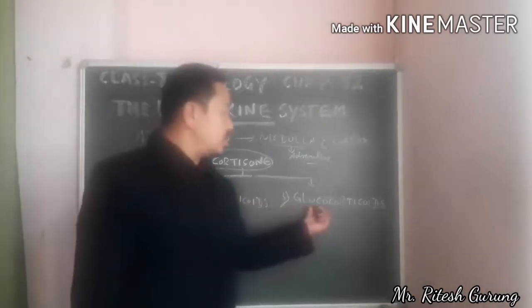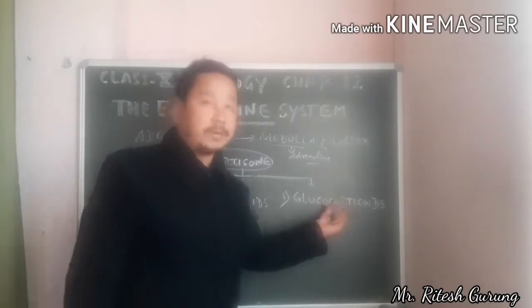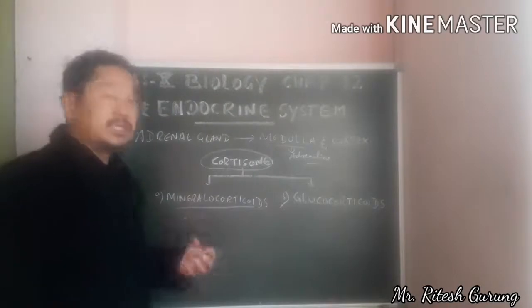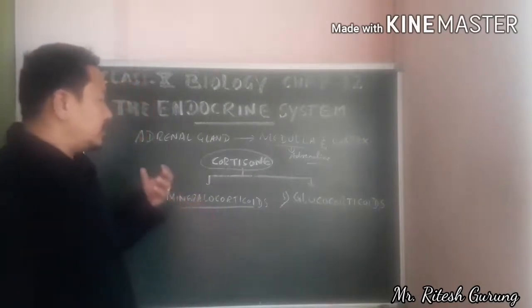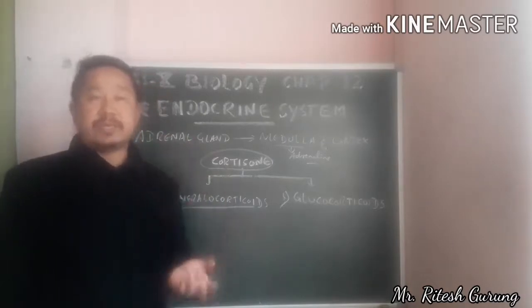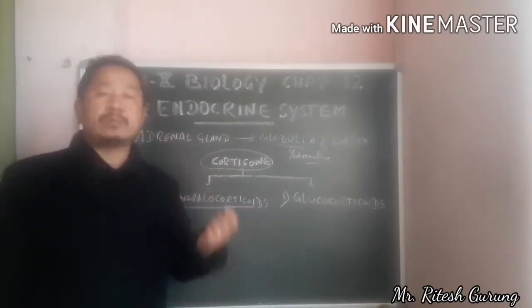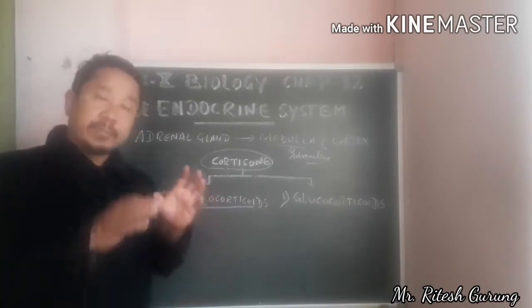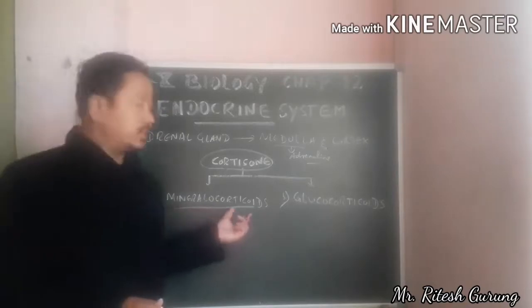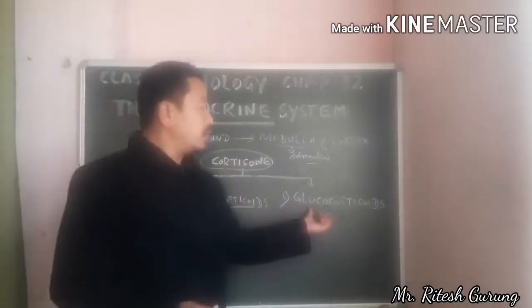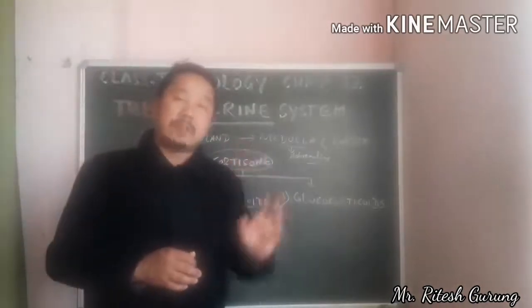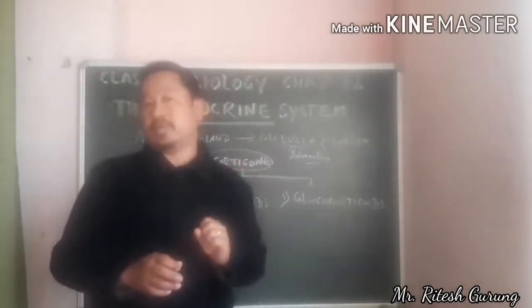And the other one is glucocorticoids. Mineralocorticoids especially regulate mineral metabolism, especially sodium and potassium metabolism. Whereas glucocorticoids mainly regulate carbohydrate, protein and fat metabolisms.